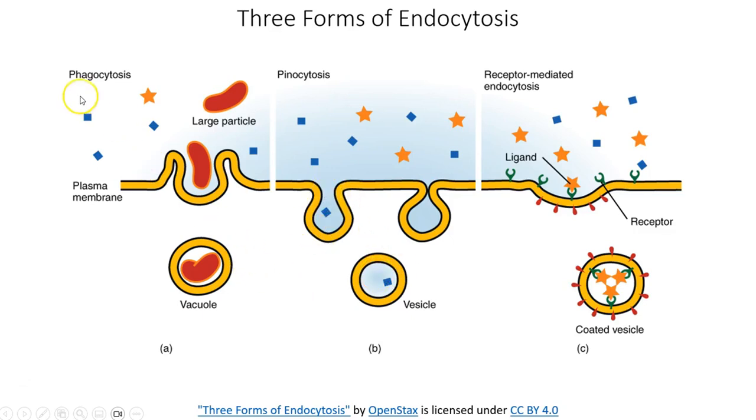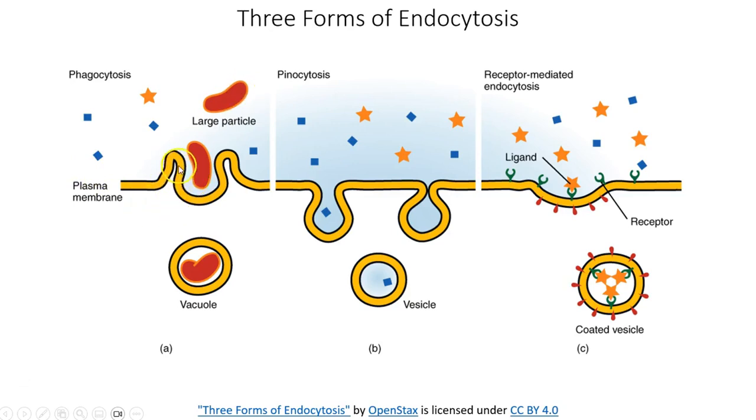All right, so phagocytosis, this is used for very large particles. Lots of pathogens, viruses, and bacteria utilize this method. Phagocytosis is also performed by various immune cells. They pull these pathogens in so that they can destroy them. And so again, these are very large particles.